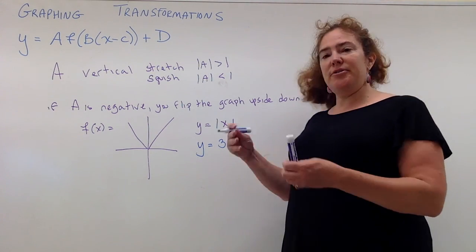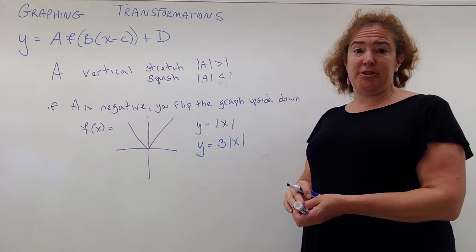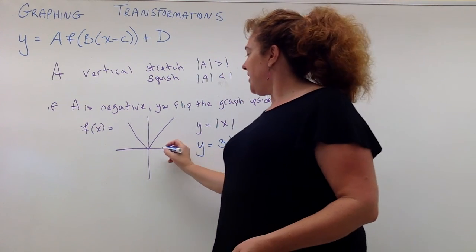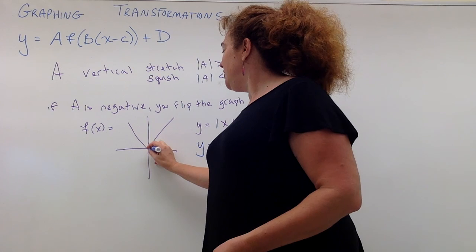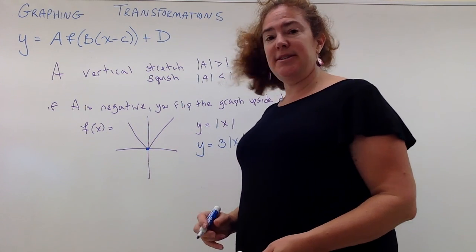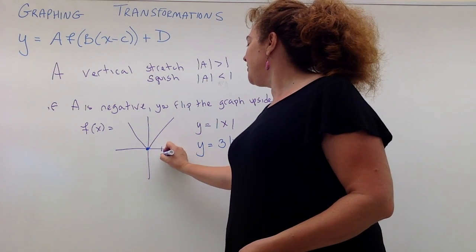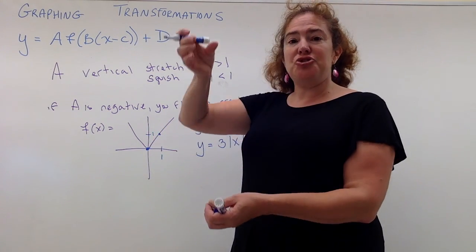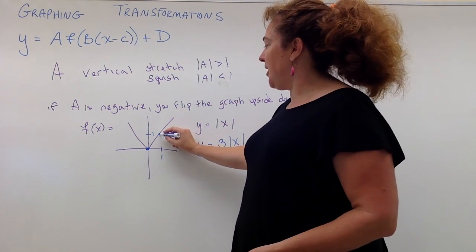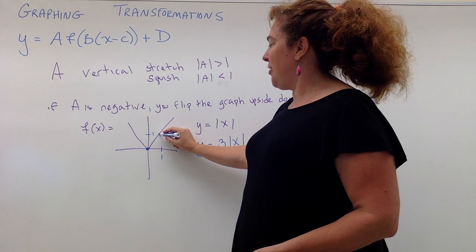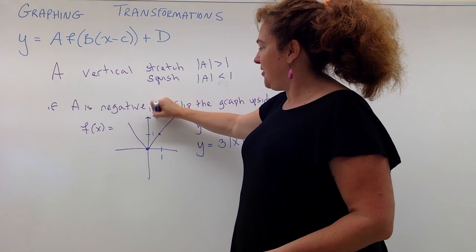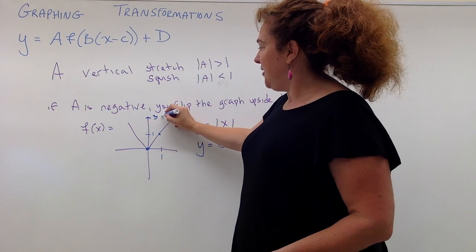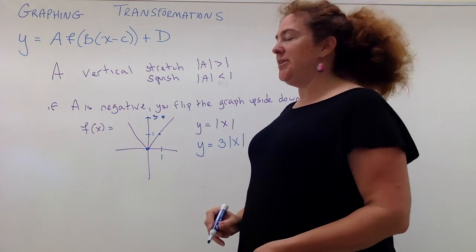Well, 3 is greater than 1, so that's a vertical stretch. 0 is your anchor point, so that's going to stay the same. But now instead of having the point 1, 1 here, it's getting stretched up. So I'm multiplying this y value by 3. And so my new y value is 3. My new point is 1, 3.